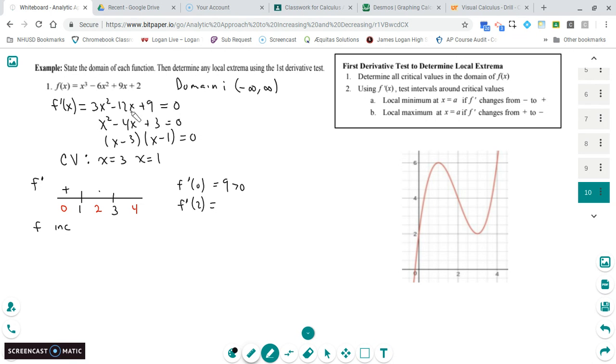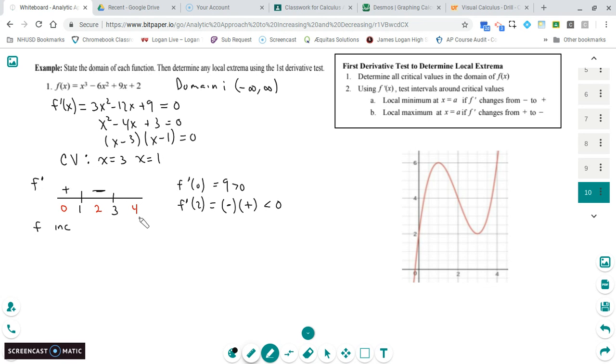So I substitute that in. I can do it here, or I can do it in the factored form. You know me, I like to use the factored form. So in the first factor, 2 minus 3, well, that's negative 1, so negative. And then 2 minus 1 is positive 1, so that's positive. Negative times a positive is a negative. So negative here.